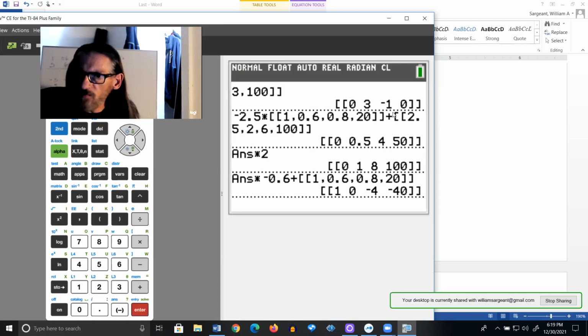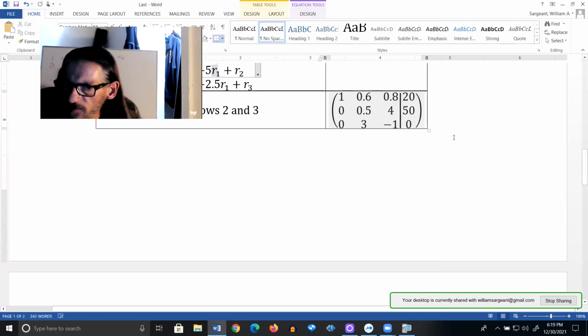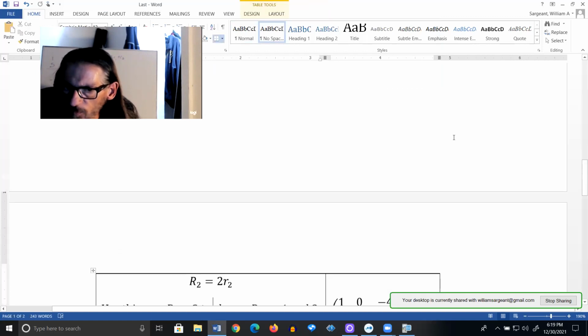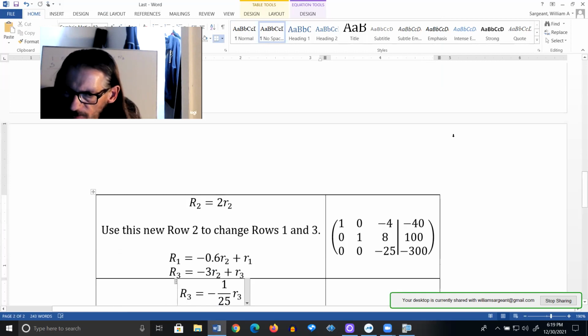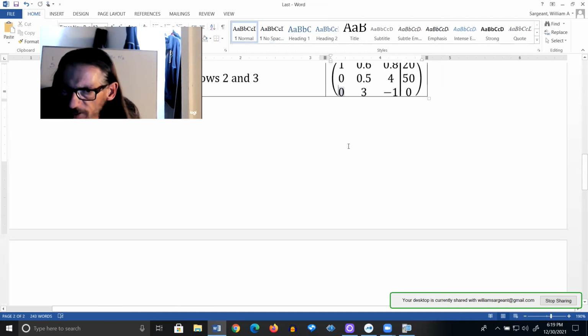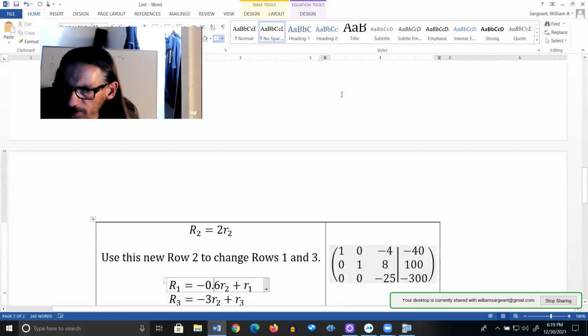All right, so I should be getting 1, 0, -4, and -40. Let's see if that's what I got for a new row 1. Yep. Okay. And our other thing was to take our answer for row 2 here. Once we've got that one on the diagonal, multiply row 2 by -3 and add it to this row 3. See if we get this new row 3 here.